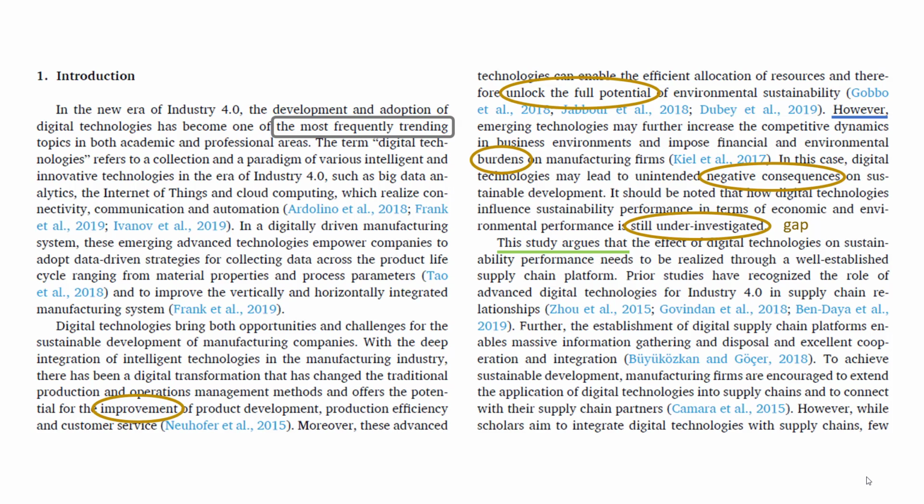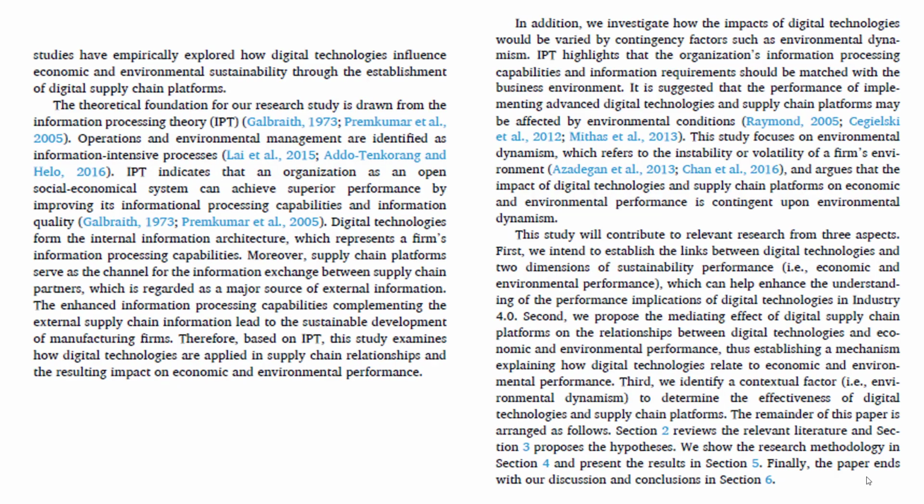All right, so after giving their thesis, they look at prior studies that looked at the role of supply chain in implementing digital technologies, and they cite several of those there. However, there is a gap here where they say few of these studies have empirically explored how digital technologies influence economic and environmental sustainability through the establishment of digital supply chain platforms.